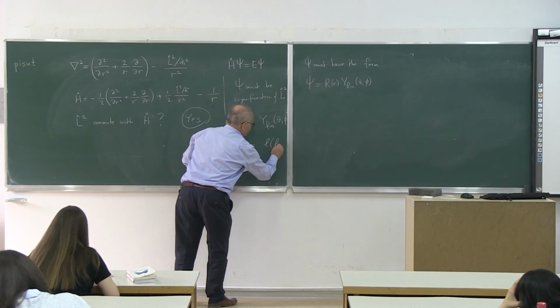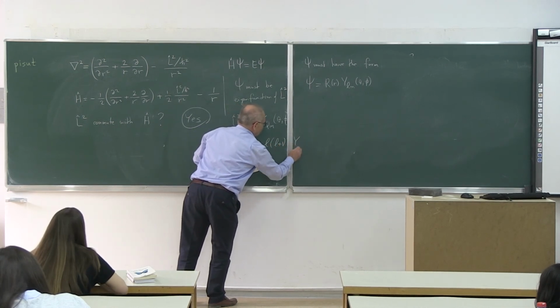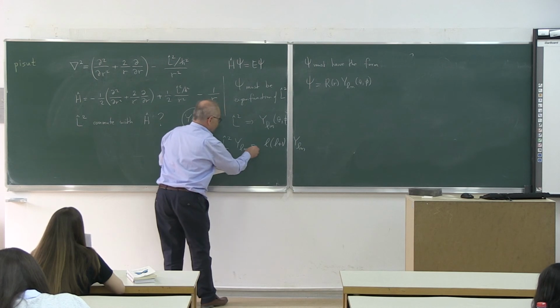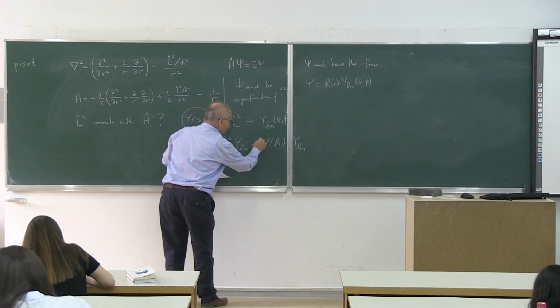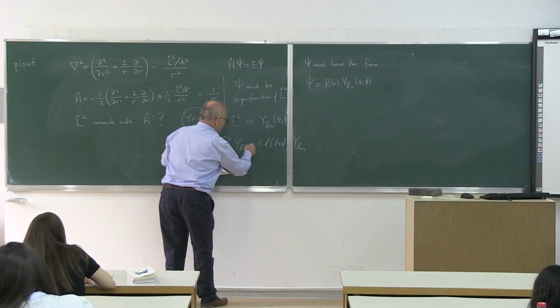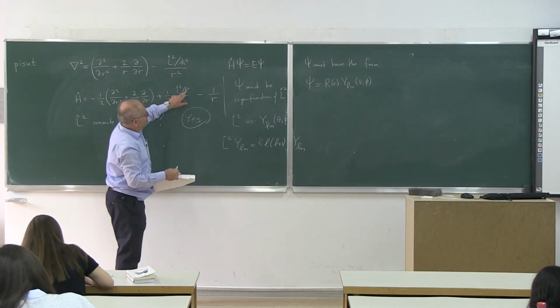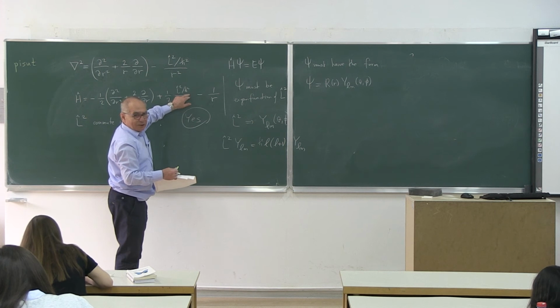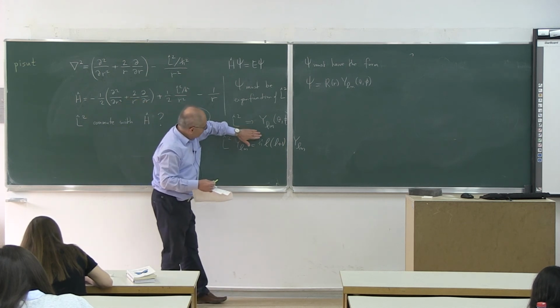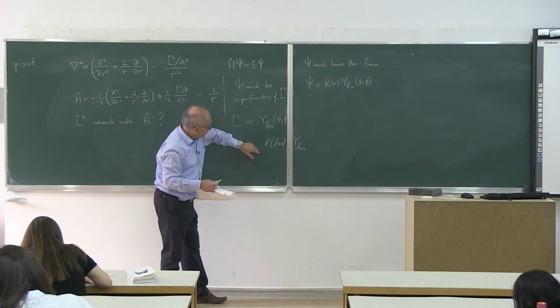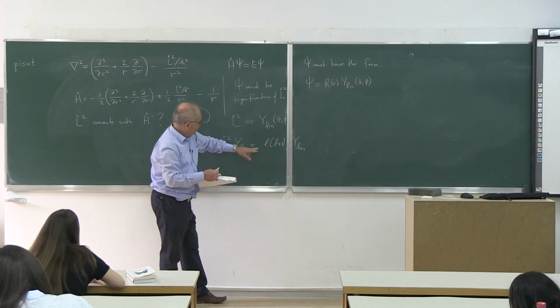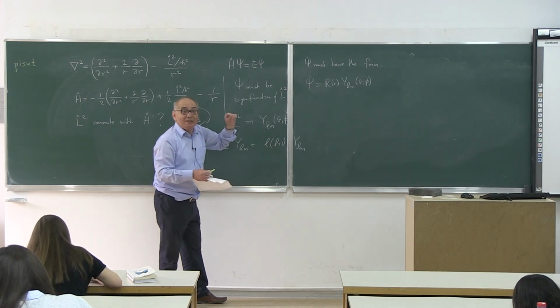L times L plus 1. Here there is also h bar square, but when we divide with this h bar square, we may write it directly in this form, L times L plus 1, in dimensionless form.